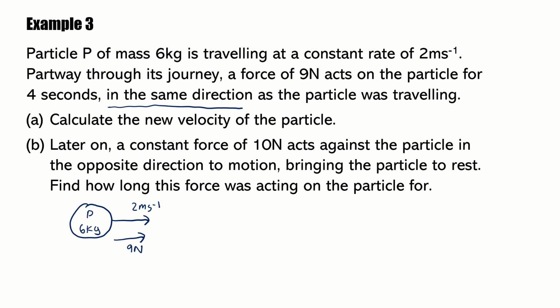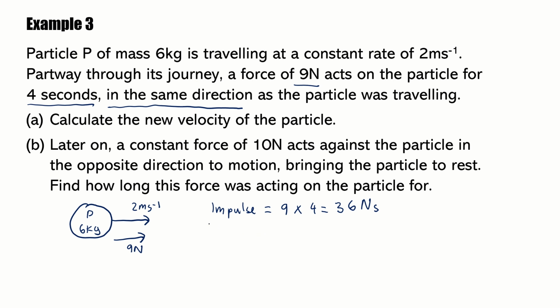We've got to calculate it ourselves based on the fact that the impulse is going to equal the force of 9 newtons multiplied by the time of 4 seconds. So we've got an impulse of 36 newton seconds if I'm using this new unit of measurement. It doesn't matter which one you use for any question. So 36 newton seconds is our impulse.